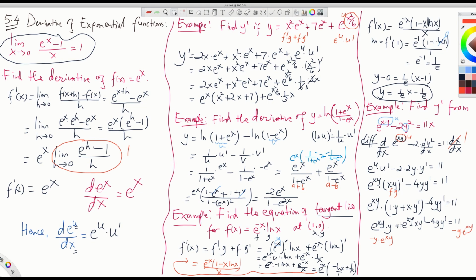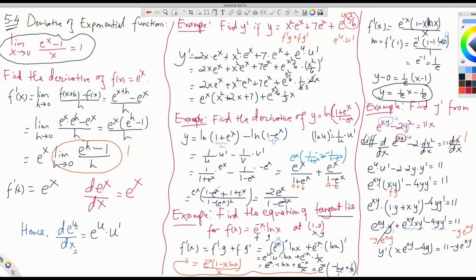Also, what is common between these two terms? Y prime is the common factor, right? I'll take that y prime out. So that will basically cancel out, right? Let me do y prime. What is left is x e to the xy, that is left from here, minus 4y equals 11 minus y e to the xy.